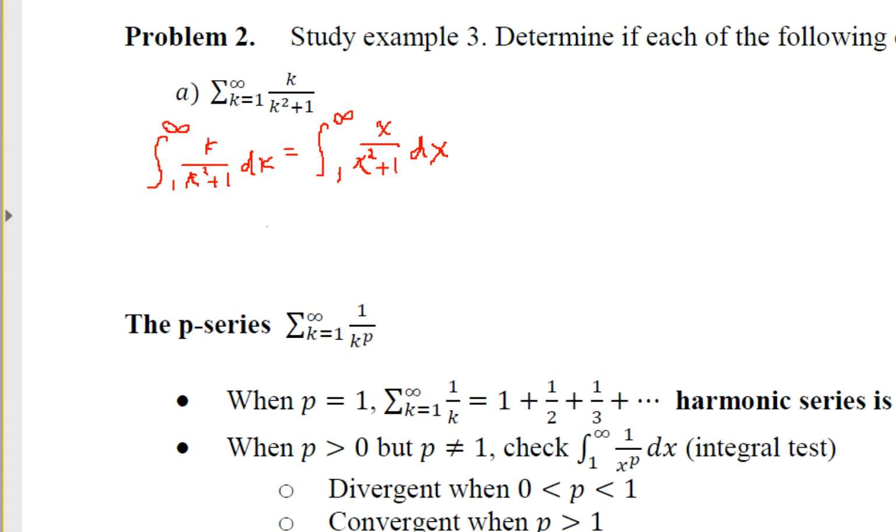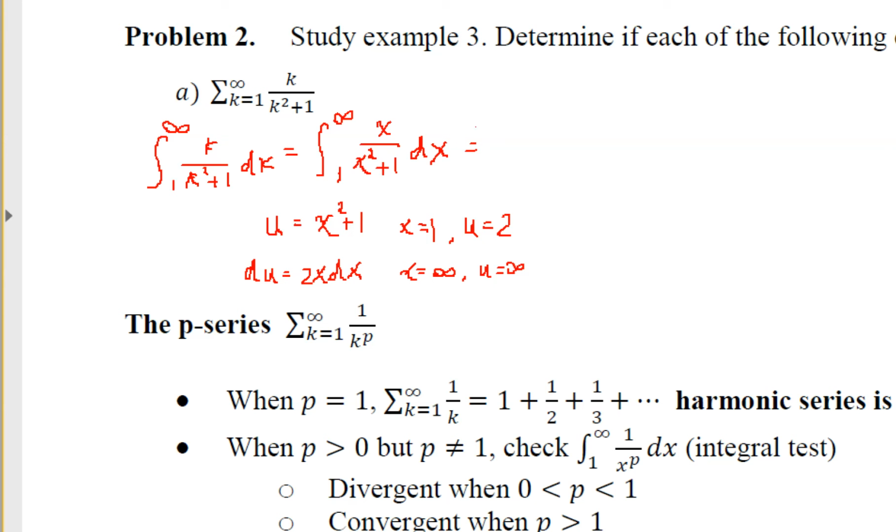You need to identify a method. It looks like we use substitution, called u as x squared plus 1, and du will be 2x dx. And when x is 1, your u is 2. When x is infinity, your u is infinity squared plus 1, of course, infinity.